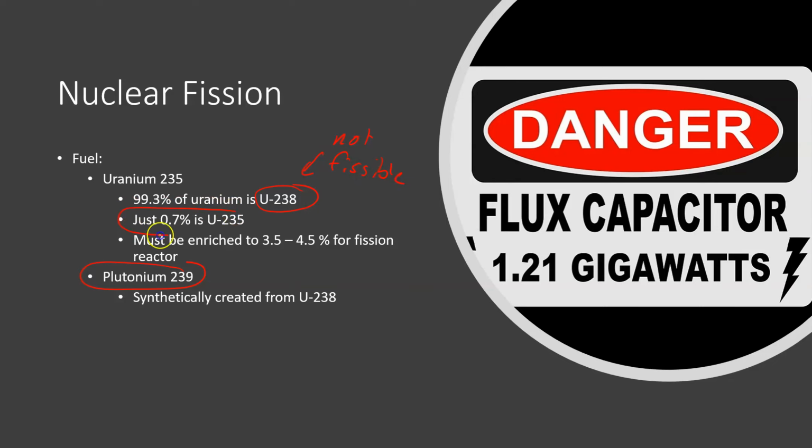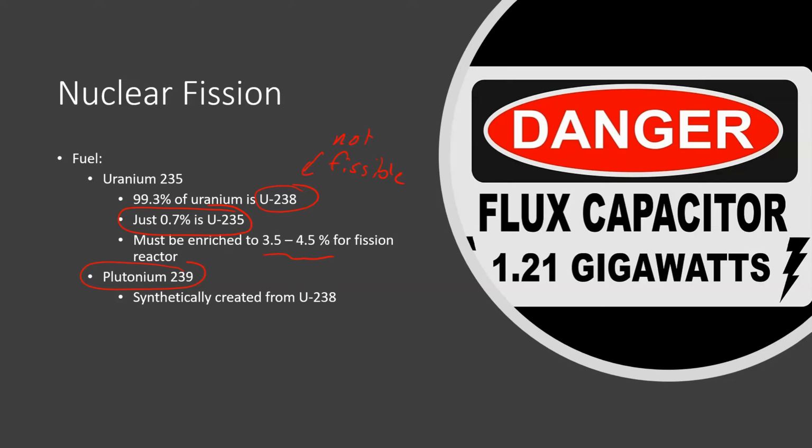Only 0.7% is uranium-235, that particular isotope that we can use for fission. So our uranium has to go through what's called an enrichment process, which is basically you separate out some of the uranium-238, leaving uranium-235, until we get to about 3.5 to 4.5% for a fission reactor. That's what they call uranium enrichment, okay?